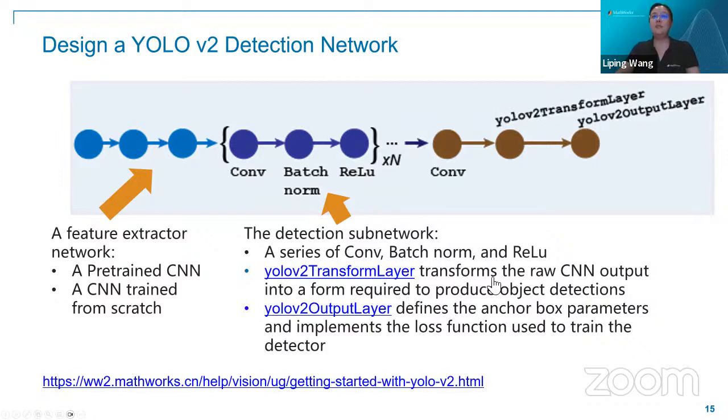This layer transforms the raw CNN output into the form required to produce object detections. It's said very clearly from its name. And then the output layer defines the anchor box parameters and also implements the loss function used to train the detector. That's why it's called one-stage, because the regression of the size of the anchor boxes is directly used in the regression loss function there.